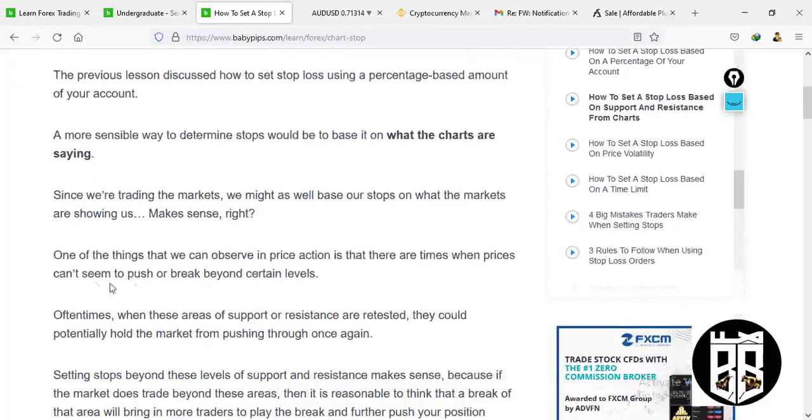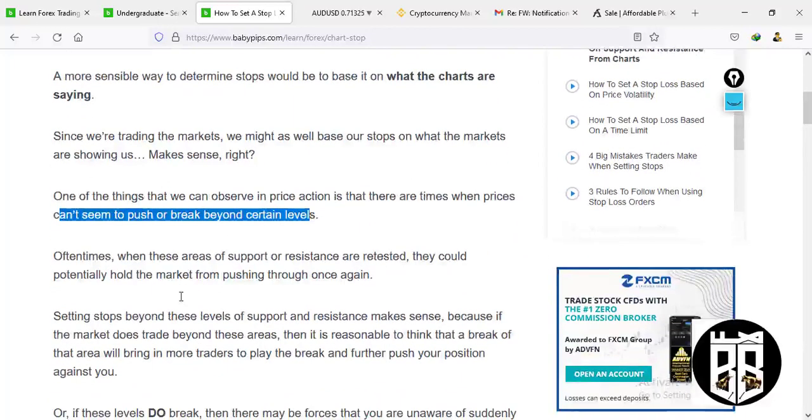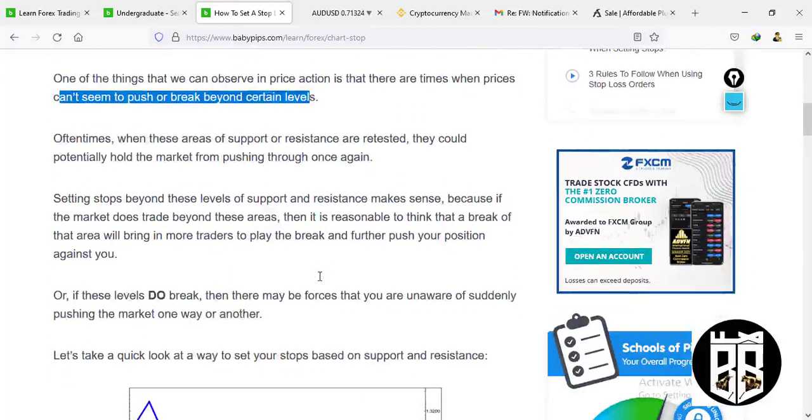Like, we can always tell the direction of the market just looking at the charts, technically. So one of the things we can observe is price action. So many times we see that price action can't seem to push or break beyond certain levels. So oftentimes when these areas of support or resistance are retested, they could potentially hold the market from pushing through once again, potentially.